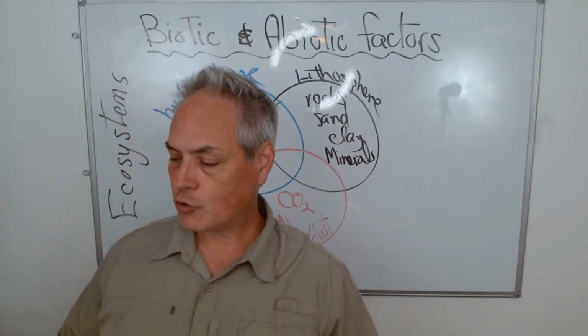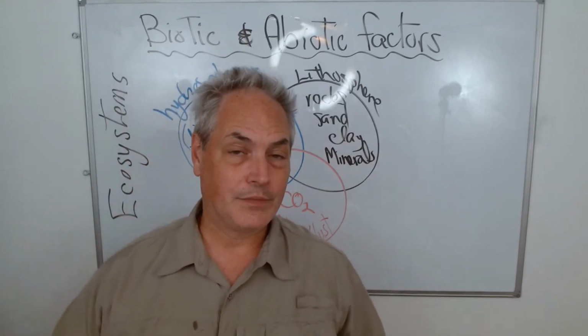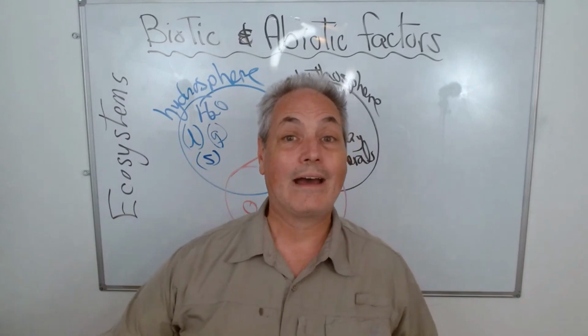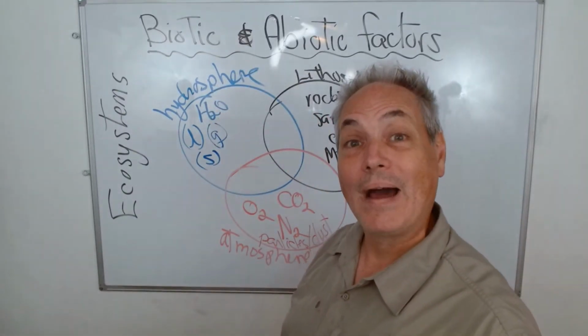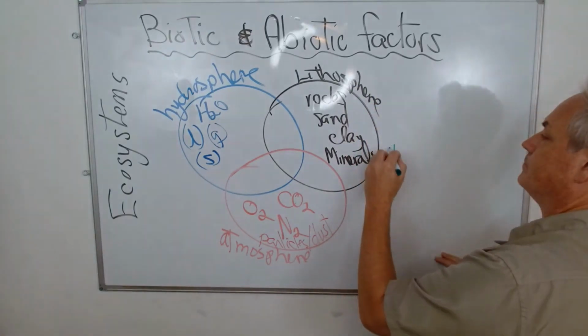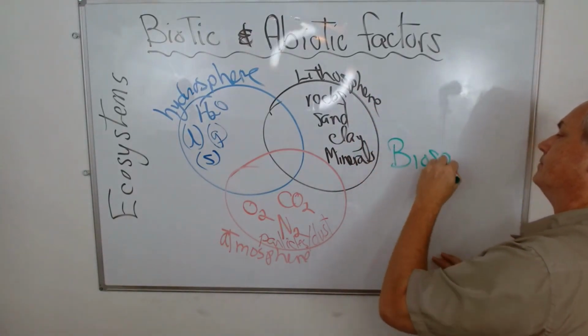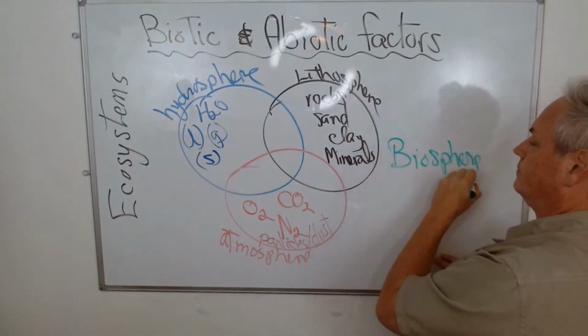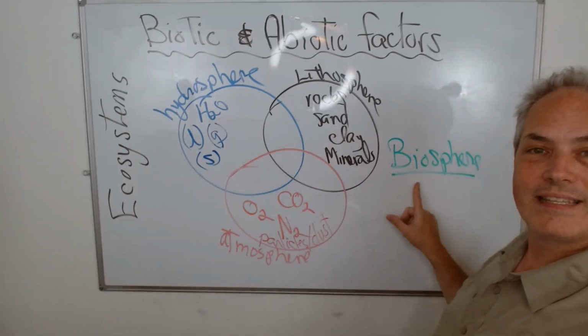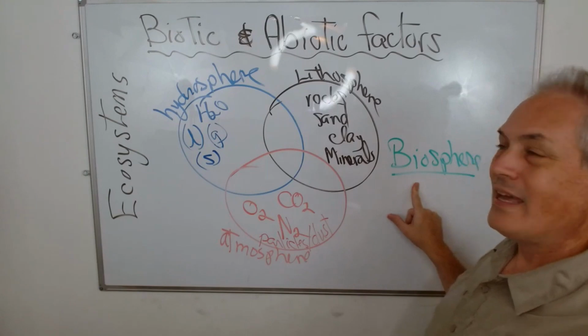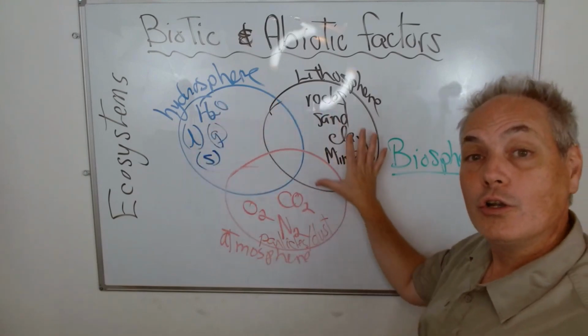Now that brings us to the fourth sphere. As I mentioned earlier, we have 4 spheres, and the fourth one is called the biosphere. And the biosphere is everything that is living, and it needs all of these together.